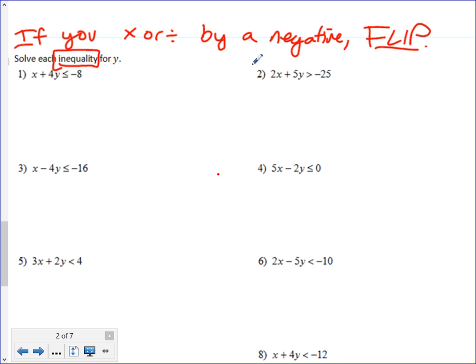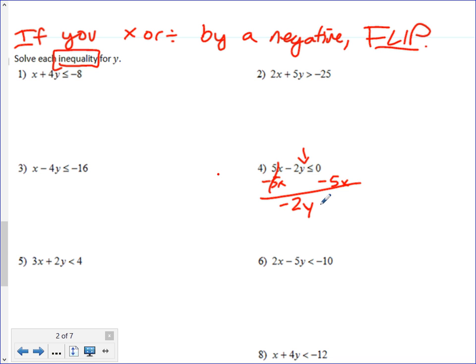All right, now look at number 4. This is kind of a weird one here. It says 0. Okay. So once again, get y by itself. First step: subtract 5x from both sides. Do I flip the sign?